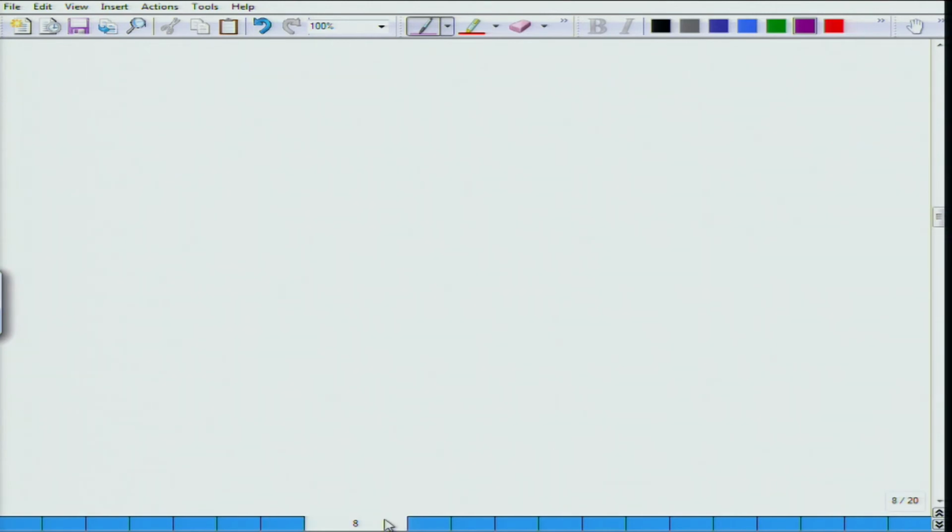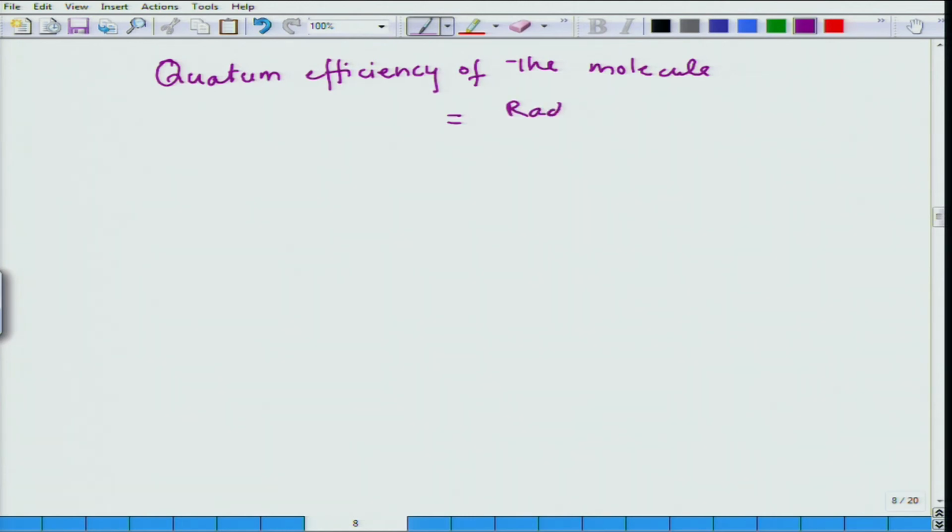So, the quantum efficiency of a molecule is basically the ratio of radiative emission rate divided by total emission rate.